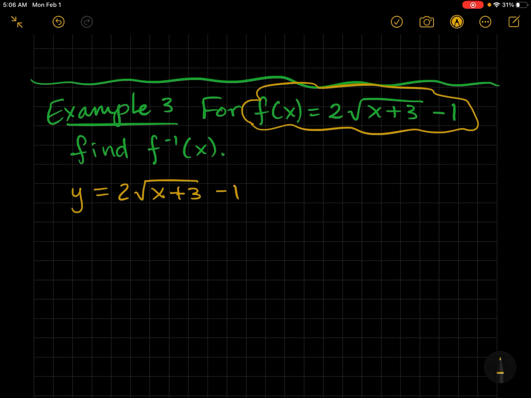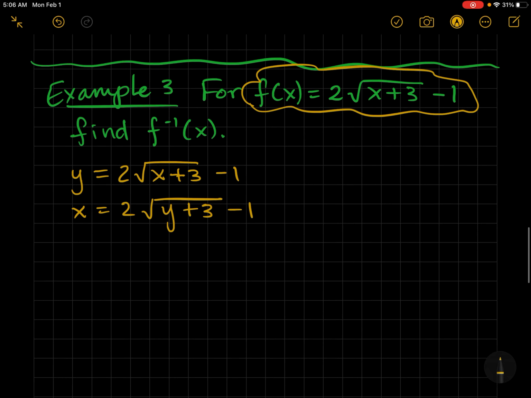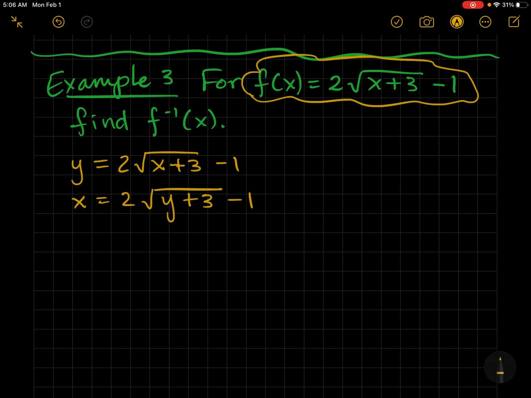So our answer should have a square in it. Now I'm going to put x in place of y and y in place of x and try to get y by itself. So I want to get rid of everything on the side and isolate the y. So I have x plus 1.